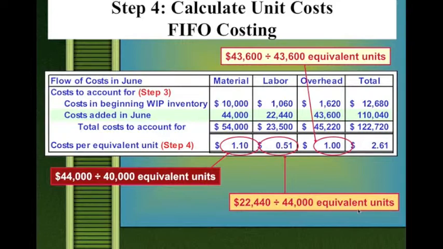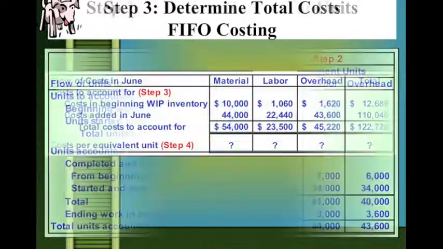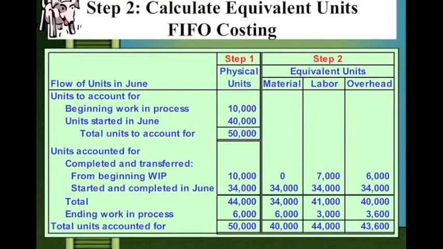So we see the equivalent units that we calculated for material, labor, and overhead. And now we just divide the costs by the equivalent units that we arrived at. And which costs are we using? We're using the cost. This is the 40,000 that comes in.